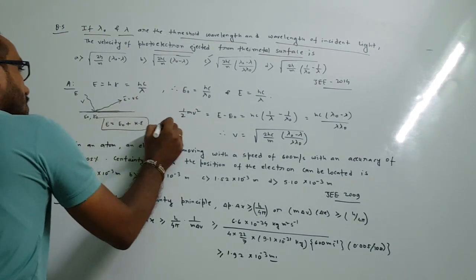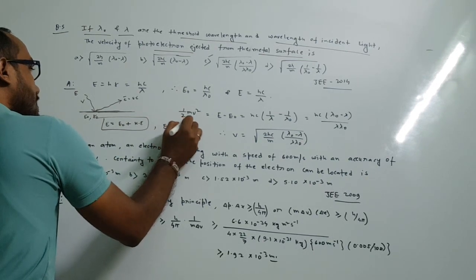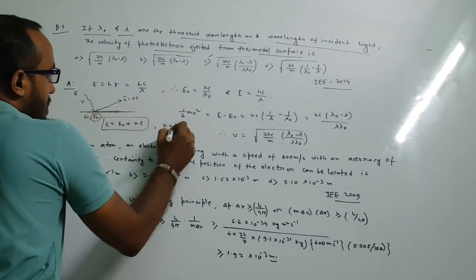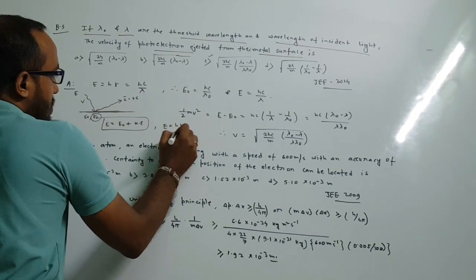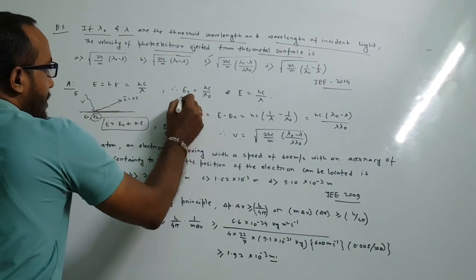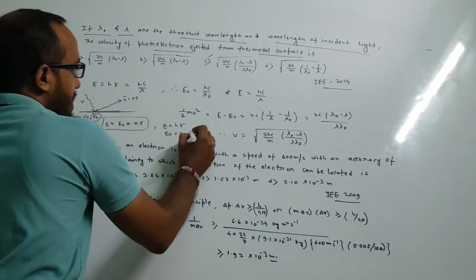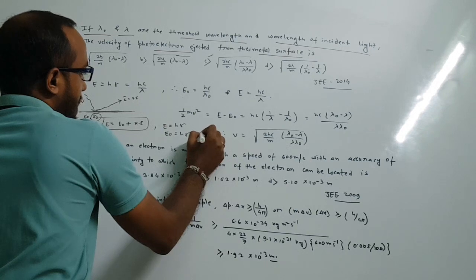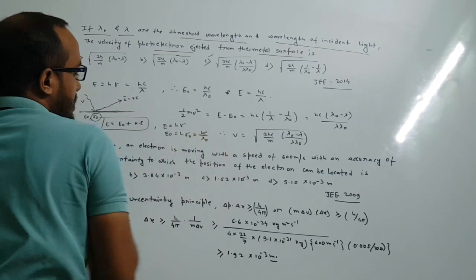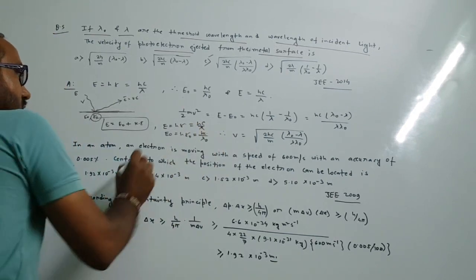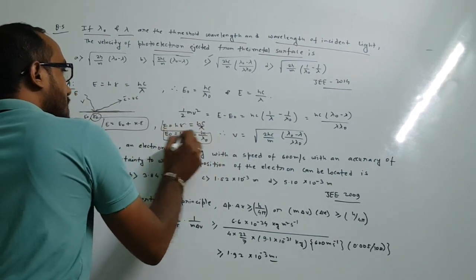Now E equals h nu, and for frequency nu naught, E naught equals h nu naught, and nu is c by lambda, so this should be hc by lambda naught, and this should be hc by lambda. So we got E naught, we got E.